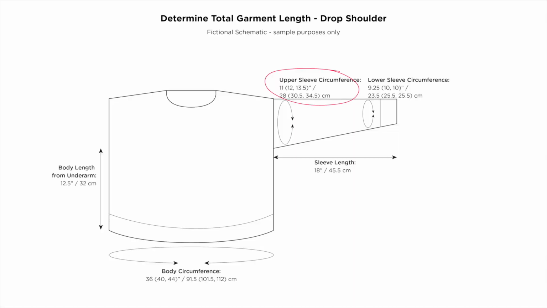So, looking at the example here, we've got an 11-inch upper sleeve circumference. Because the armhole depth will be half of that upper sleeve circumference, you can say, okay, my armhole depth is now 5.5 inches, and you don't even have to have that information on the schematic.